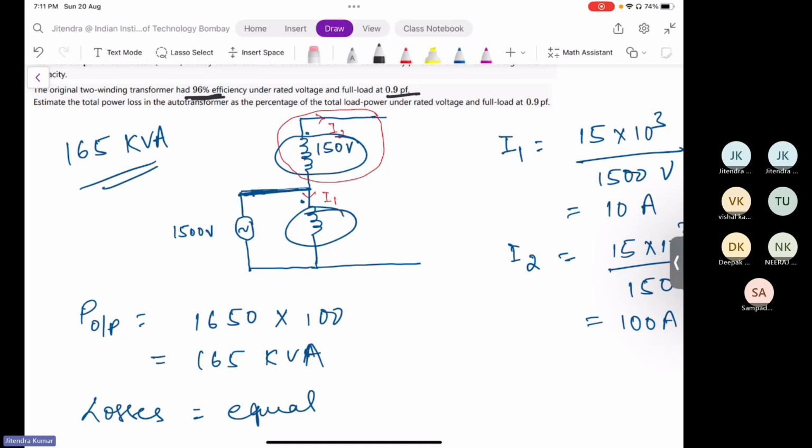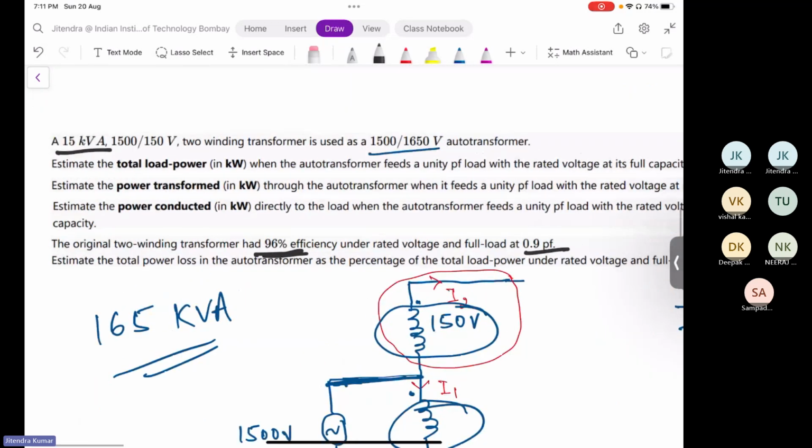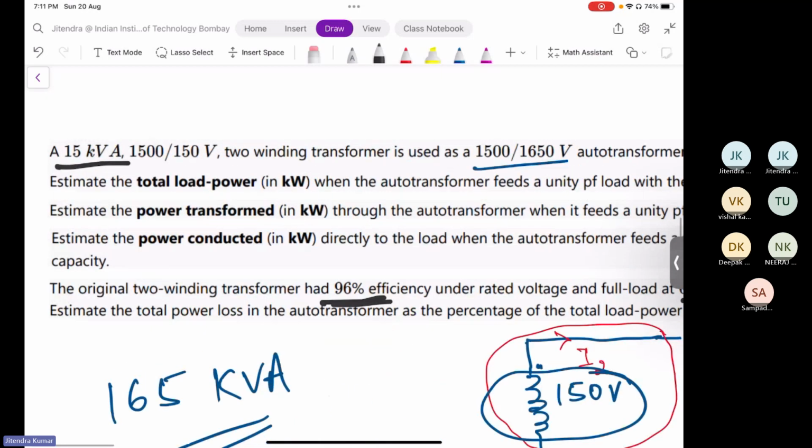So let us suppose you have 15 kVA rating of two winding transformer, and you just directly want to compute the inductive power transfer in an auto transformer. You can straight away say that 15 kVA rating of the power is getting transferred inductively.